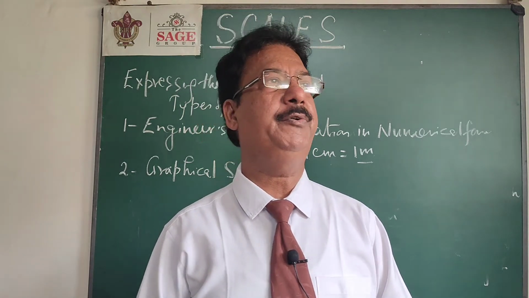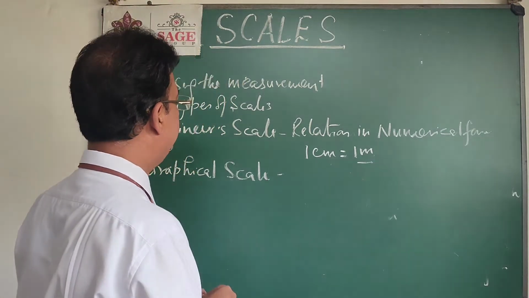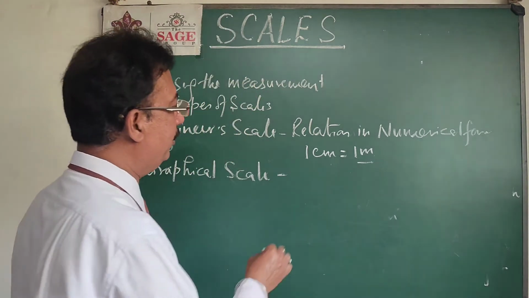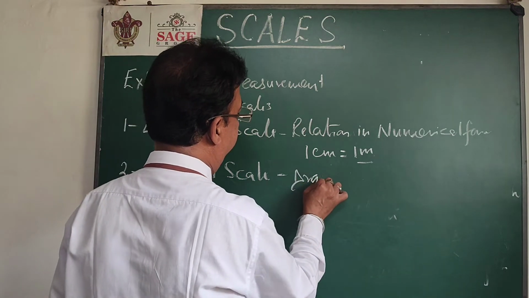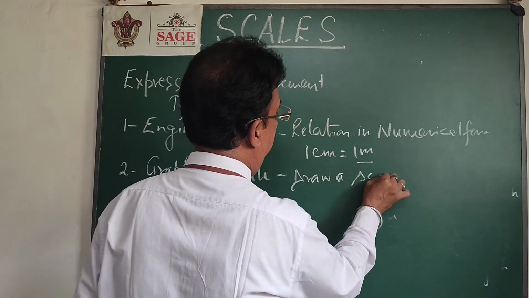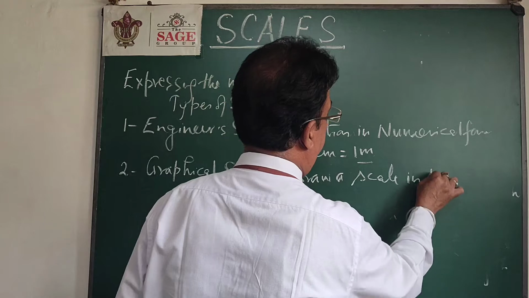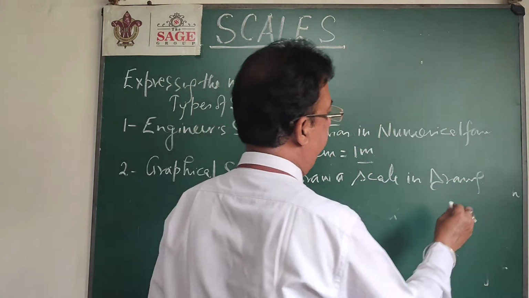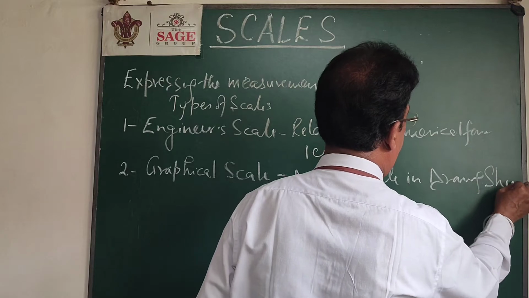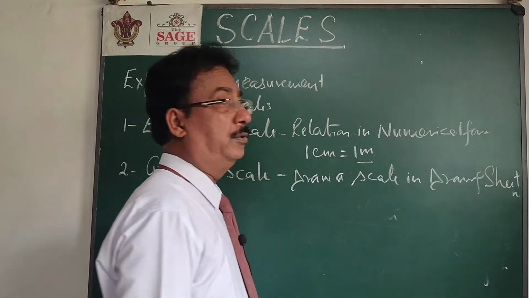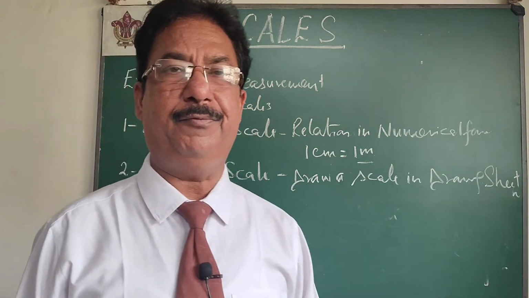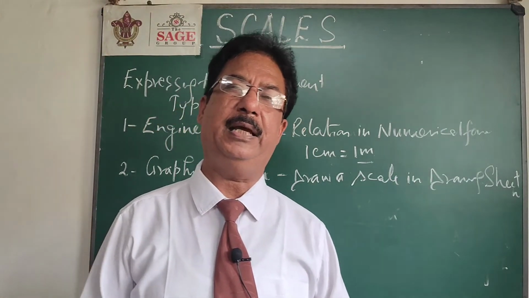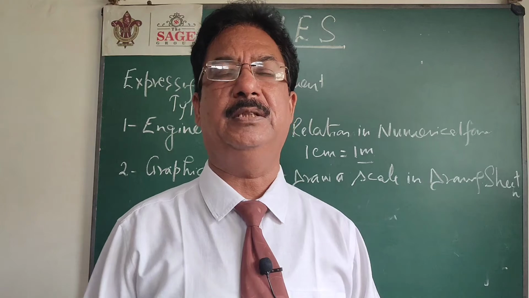So what we do in the graphical scale is draw a scale in the drawing sheet itself, or you can say the drawing paper. In the same drawing sheet in which we are drawing the object, we will draw the scale.